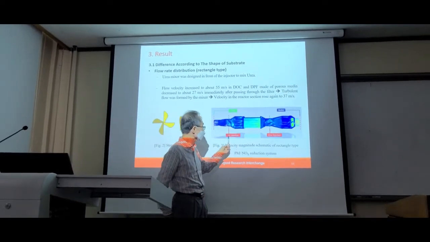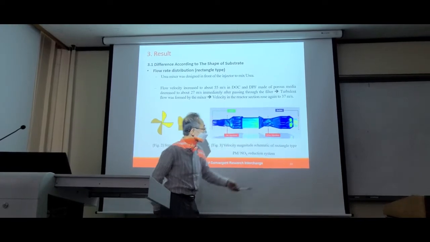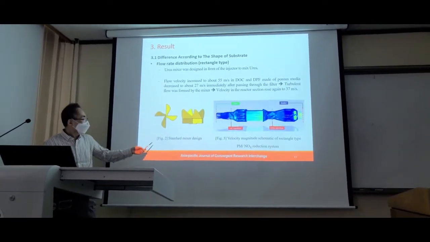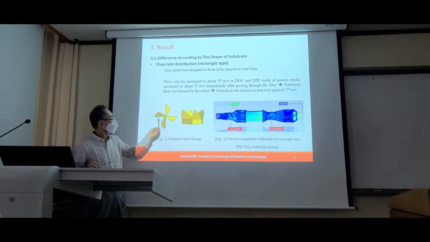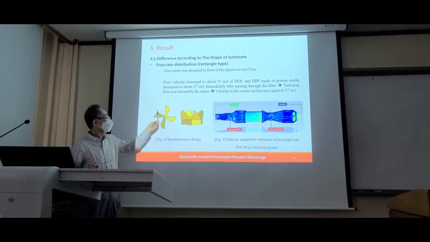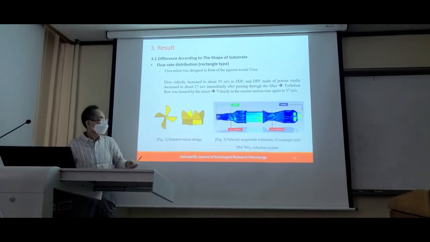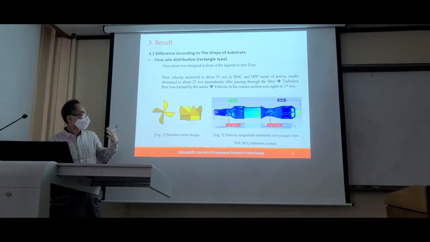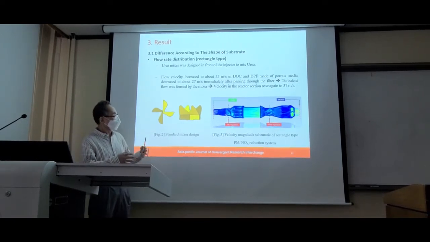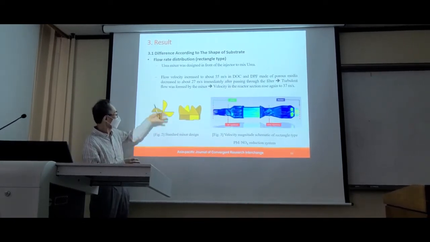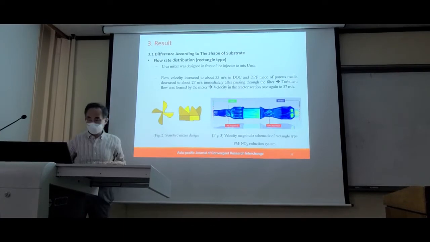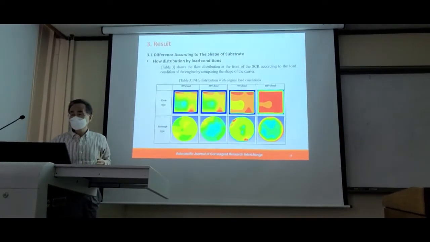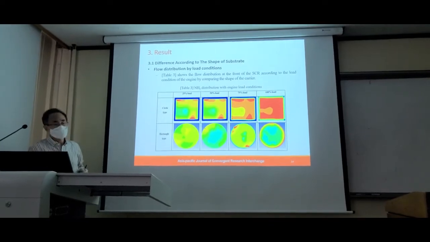Then this is the Urea injection, and the standard mixer is designed like this. This is flat. So we are mixing the Urea together, and we have to mix the Urea. This is the kind of result we can see.